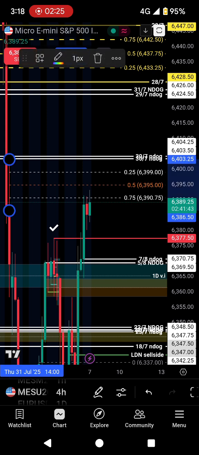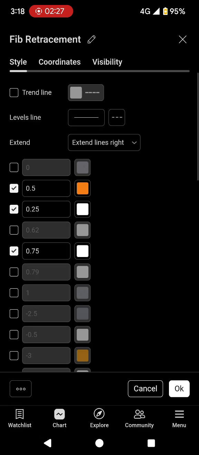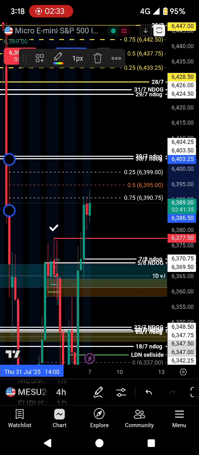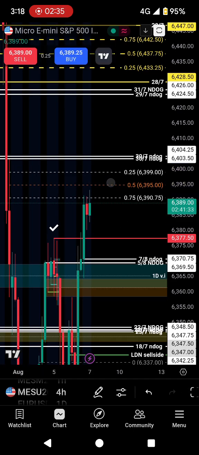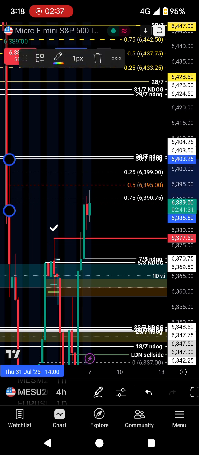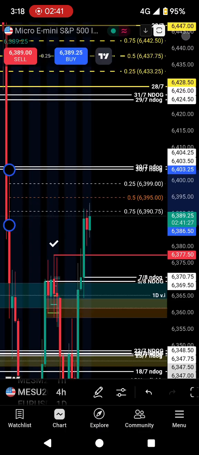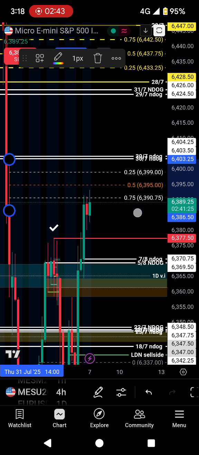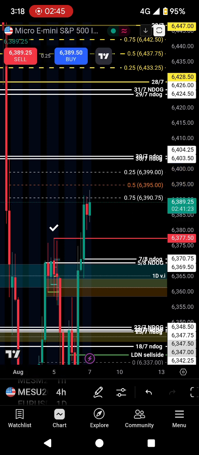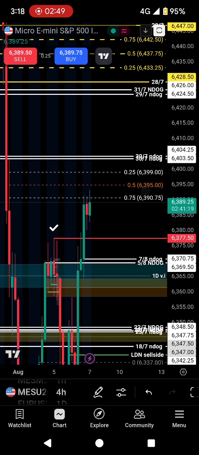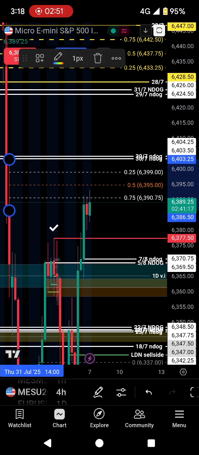Okay, 6395 level, that would be a very important level. Six three nine five level. Okay, so delete. And 6390.75 is the lower quadrant level.